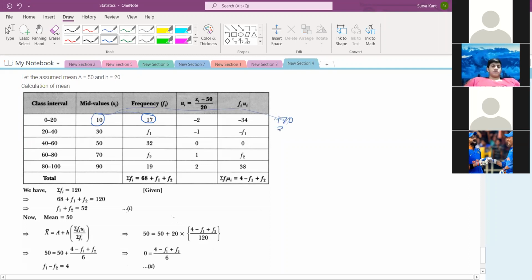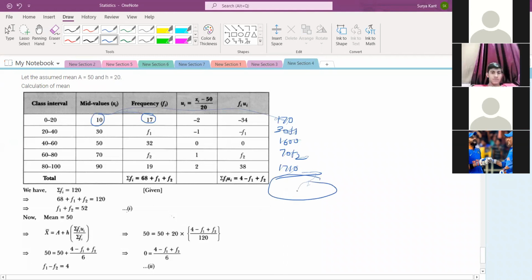Down should come 30 f1. Then 50 into 32, 3 5s are 15, 1600 will come, right? Next you should see 70 f2. Then 90 into 9, 1710. Then you should add, correct?